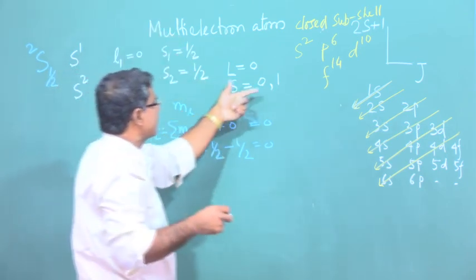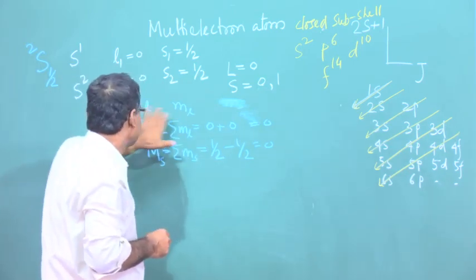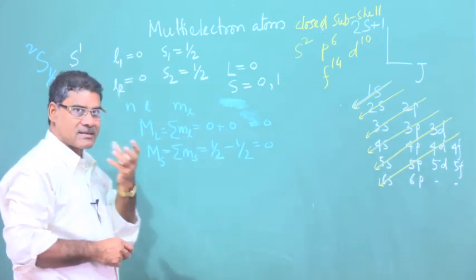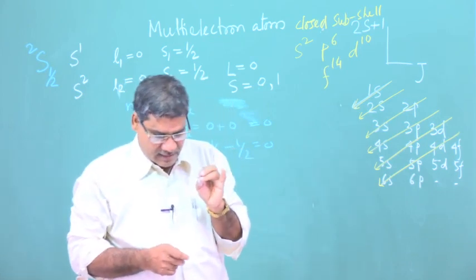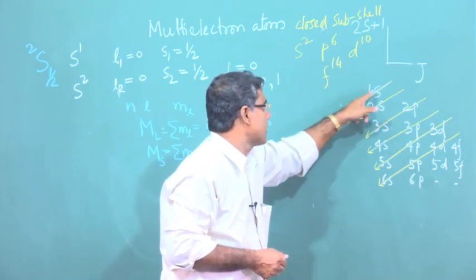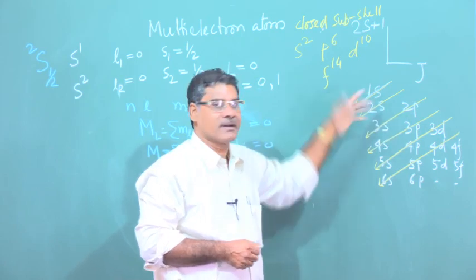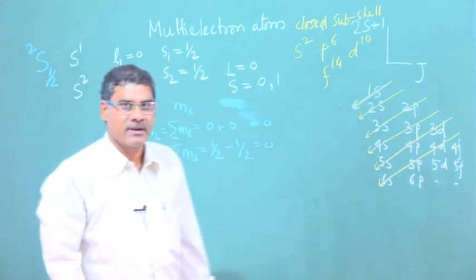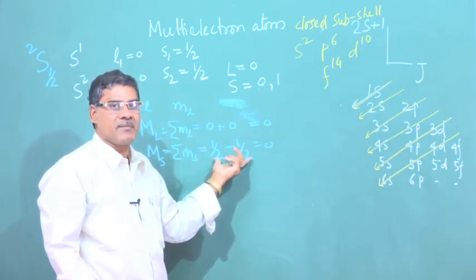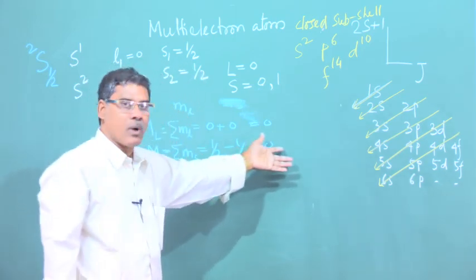But S equal to 1 will be allowed if any one of these three is different, like a 2s electron and a 1s electron. If one electron is here and another electron is here, that means their n are different. So if n are different, MS can be plus half for both, and the summation of MS will be 1.